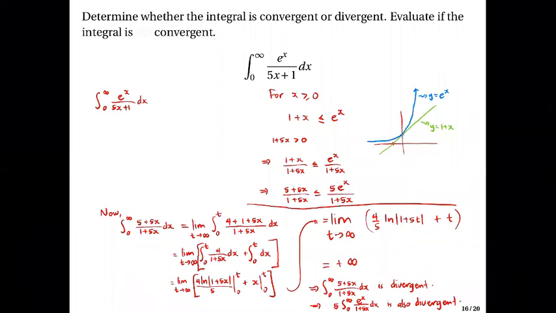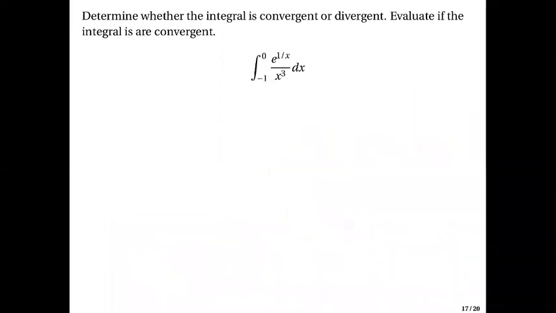Let's go to our next problem. So in here, we have the same problem, same instructions, but we need to do the integral from -1 to 0 of e to the 1 over x cubed dx.